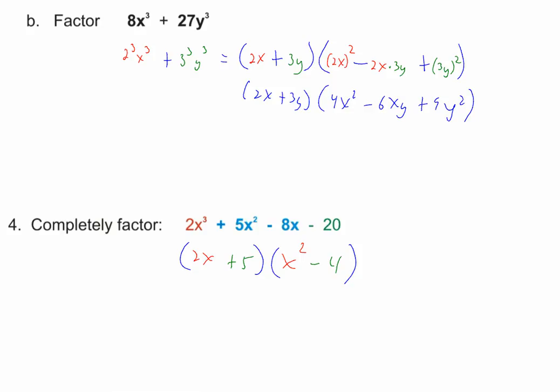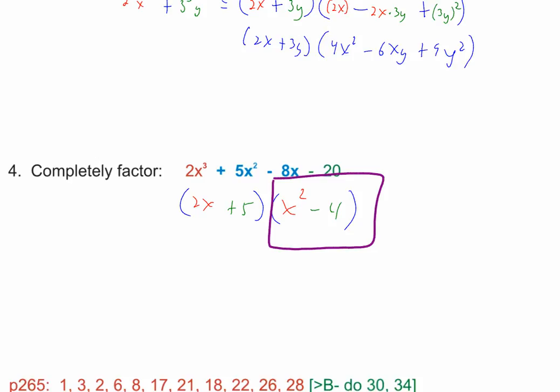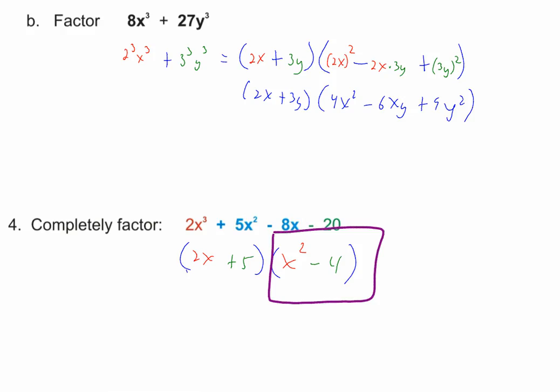Believe it or not, it factors that. What is this in the purple box? Does it factor? Yeah, so really you end up with 2x plus 5 times x plus 2, x minus 2, right? And you have the 3 factors.